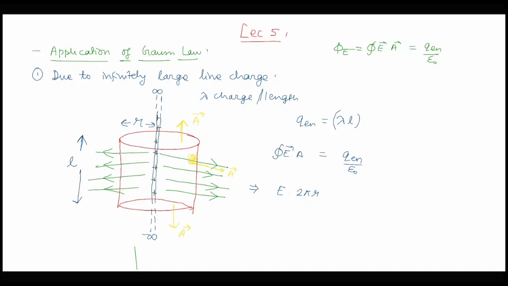So we can write E into 2 pi R L equals lambda L upon epsilon naught. From here, E equals lambda upon 2 pi epsilon naught R, or it can be written as 2k lambda by R. So due to an infinite line charge, the electric field is 2k lambda upon r, at a distance r.